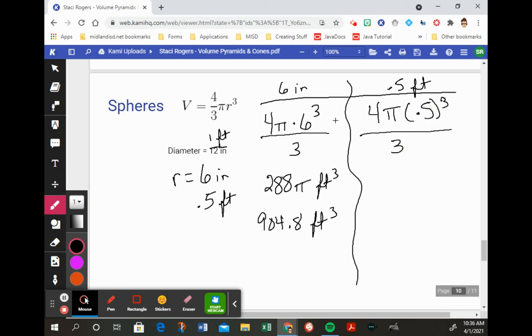So 4 times 0.5 raised to the third power divided by 3, I get 0.1667, and then multiply that times pi.